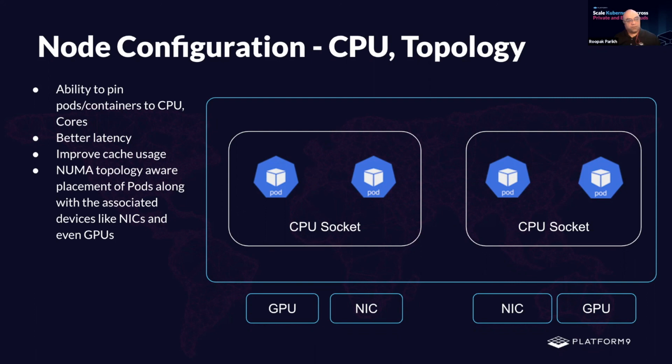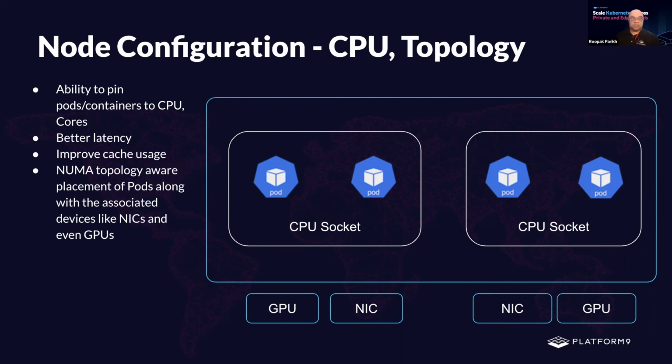But as we know, nowadays we have server machines with many cores. I'm just showing two sockets here, and many cores. You want to make sure that when you deploy your pods that want to connect to a particular NIC, they're topology aware. So in this diagram, we are showing two NICs and two GPUs, asymmetrically connected to different sockets.